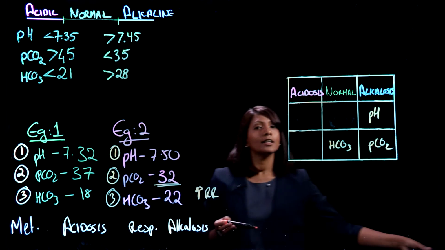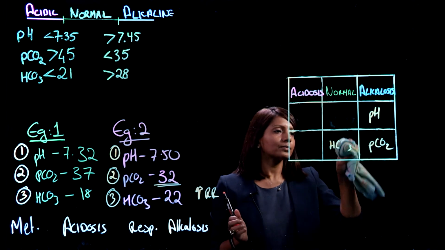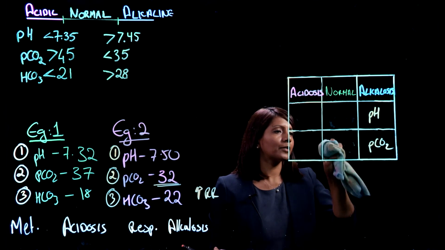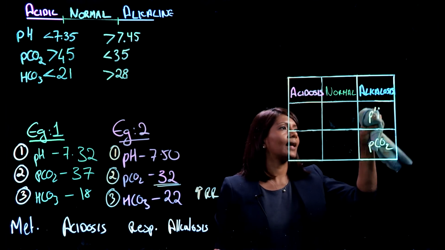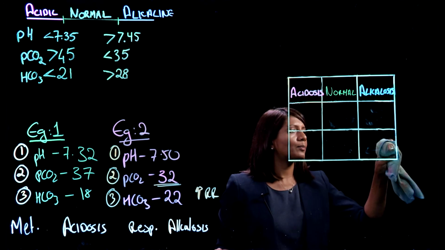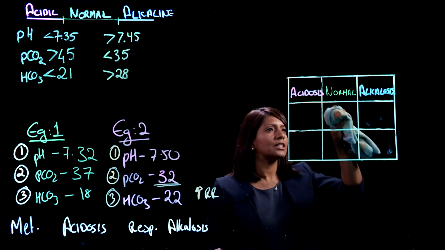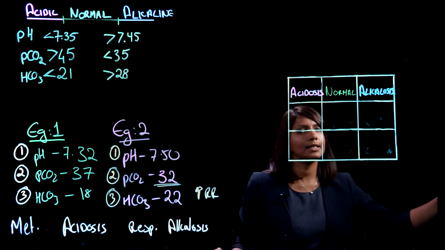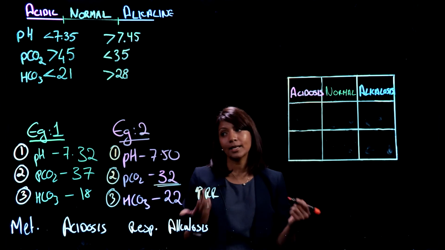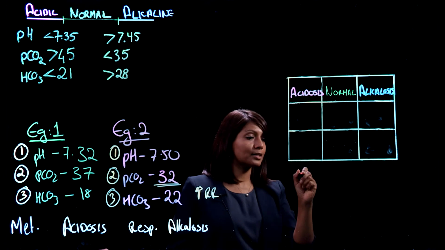Okay. So let's look at one more example of arterial blood gas, and we'll analyze it together. This client has now come to the hospital with a COPD exacerbation, and they said, okay, let's do an arterial blood gas to see what our pH and the values, or acid-base balance, look like.